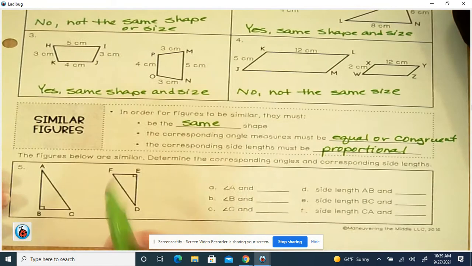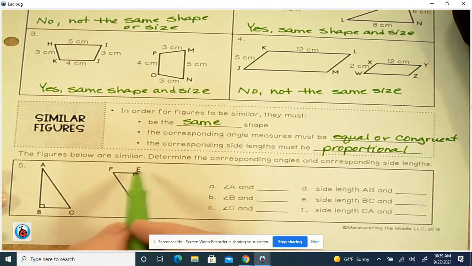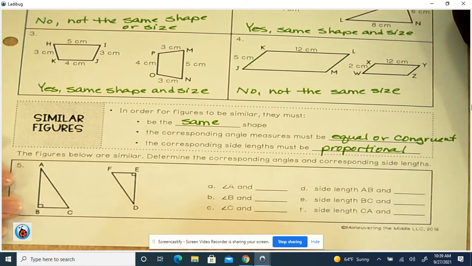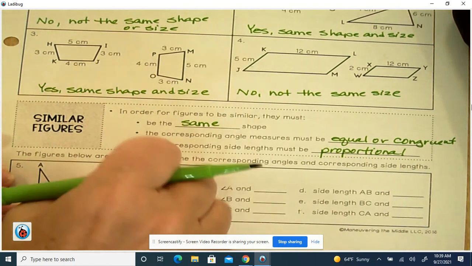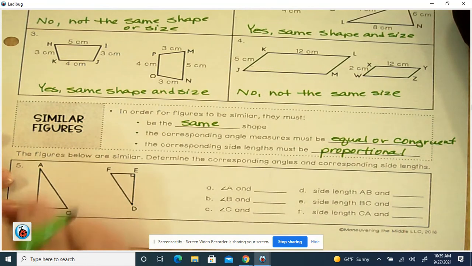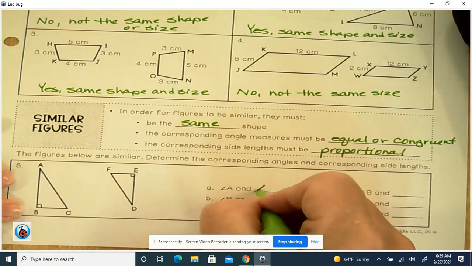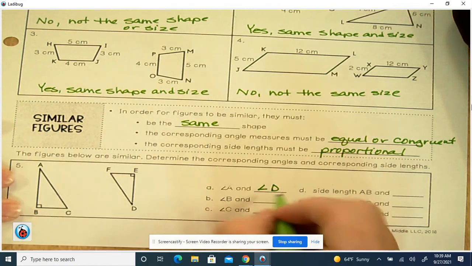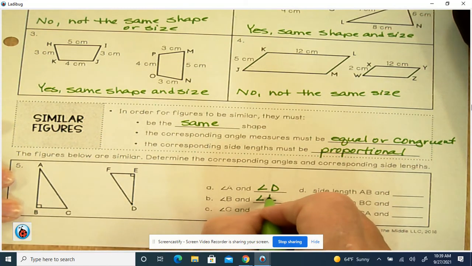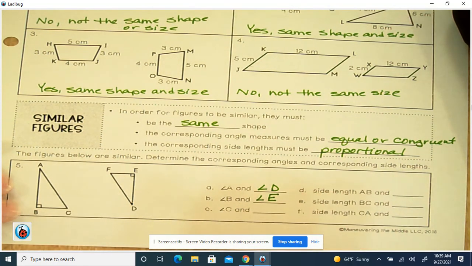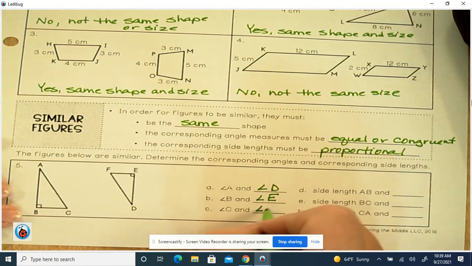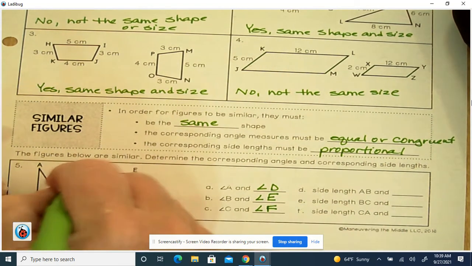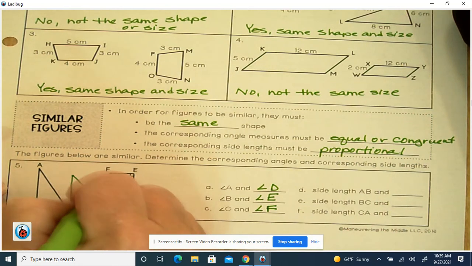So if we had these two figures and you turned this figure, that right triangle, and set it on top of that right triangle, which angle is the same as angle A? So if you took that and turned around and set it there, it would be angle A and angle D. For angle B, it would be angle E. And for angle C, it would be angle F. So if we turn that around, let me just draw it here for you.